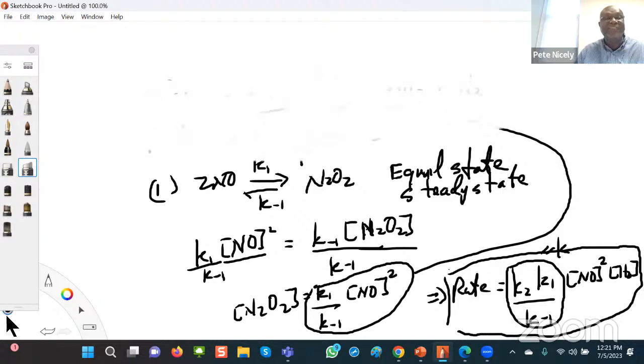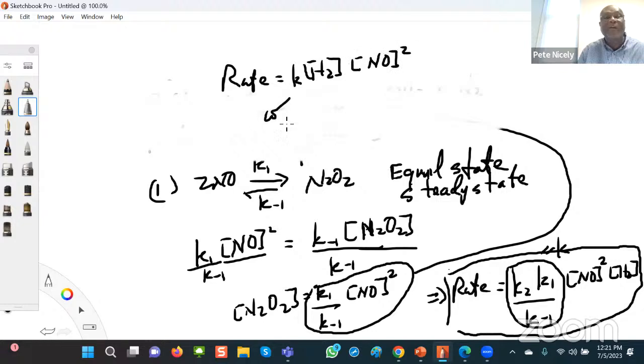So basically we can say that the rate of the reaction is equal to K times the concentration of H2 times the concentration of NO squared, where K is equal to K2 times K1 over K minus 1.